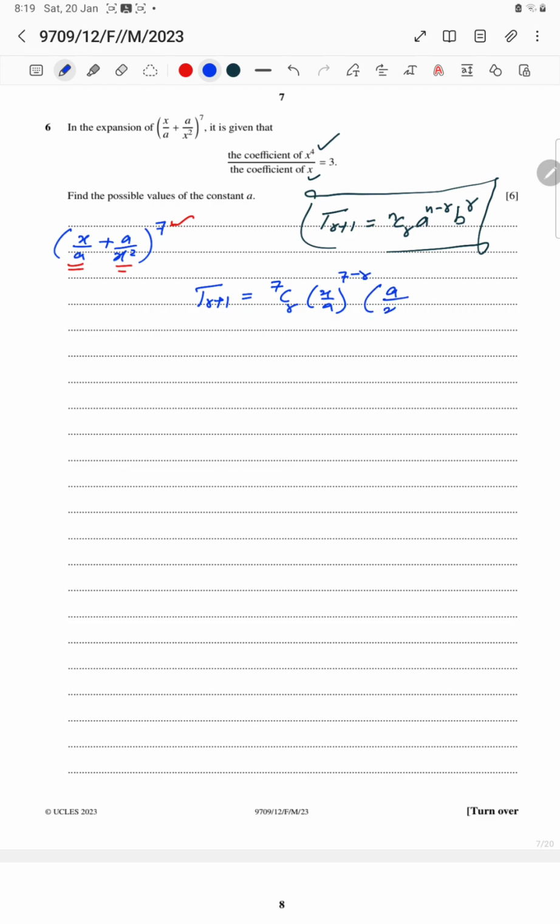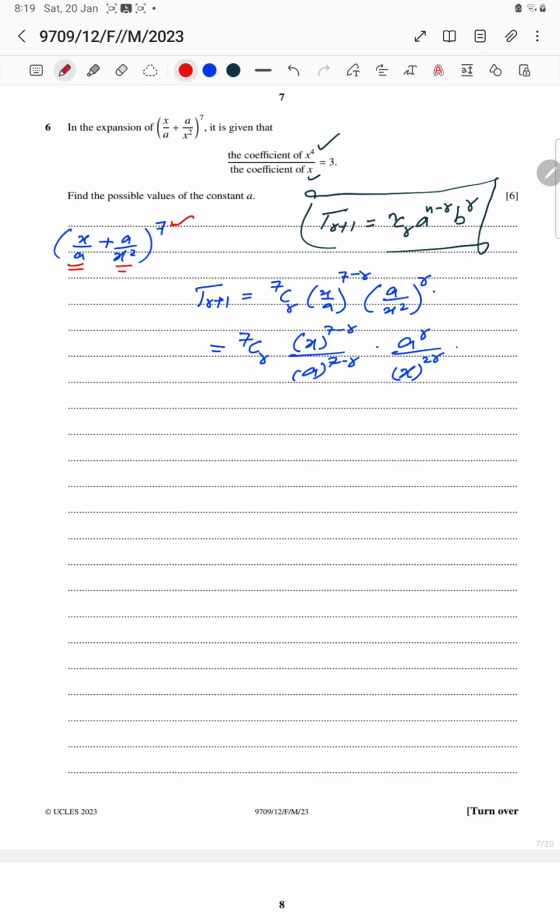B is a over x to the power r. Now we need to arrange the like terms in one, like 7Cr. This can be written as x^(7−r), a raised to power 7 − r, same a^r or x² to the power r, meaning x^(2r).